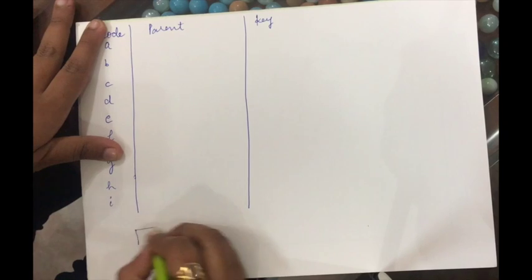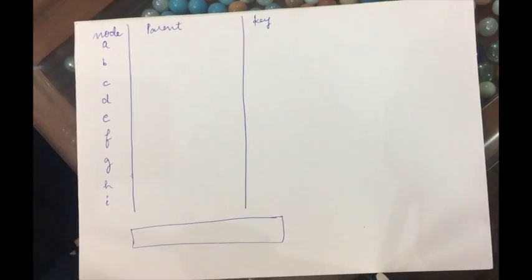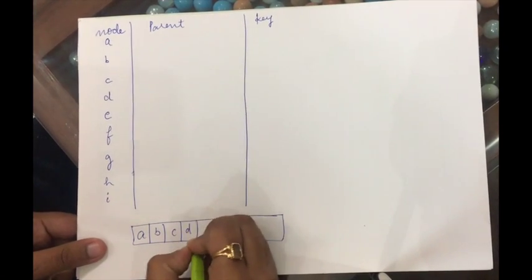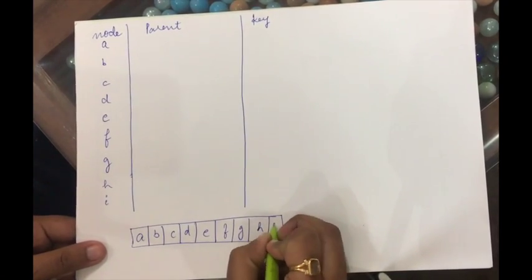Then you are also going to maintain a heap in memory. It can be a heap, an array or any data structure. You just have to mention all the nodes in it, F, G, H and I.